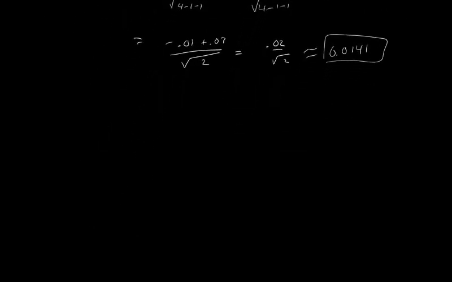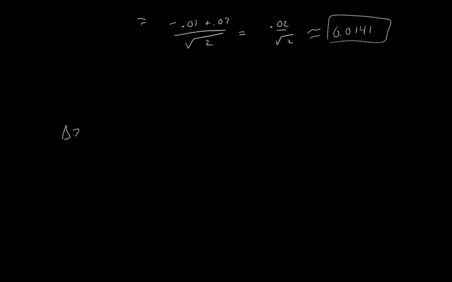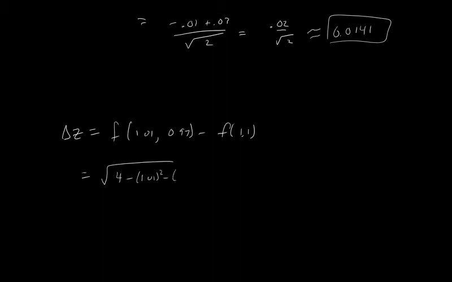Now, how does that stack up to the actual change in z? Well, let's check it out. So delta z is equal to f of 1.01, 0.97 minus f of 1, 1. So we plug these values in. This becomes the square root of 4 minus 1.01 squared minus 0.97 squared minus the square root of 4 minus 1 squared minus 1 squared.